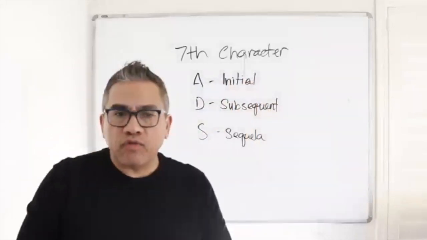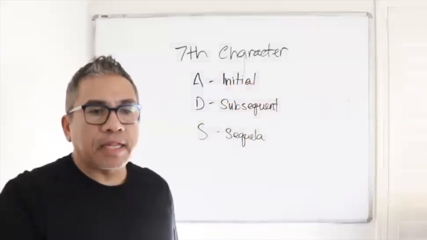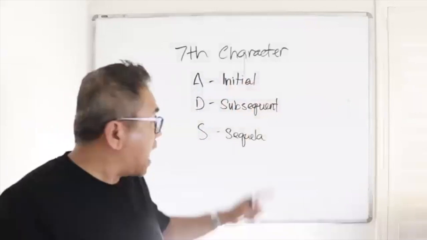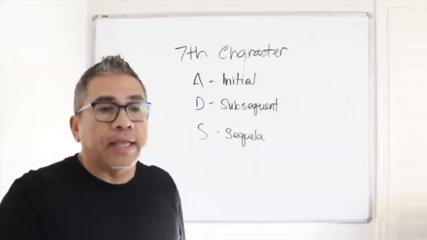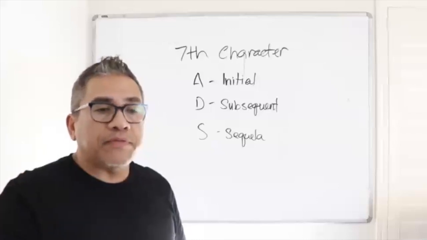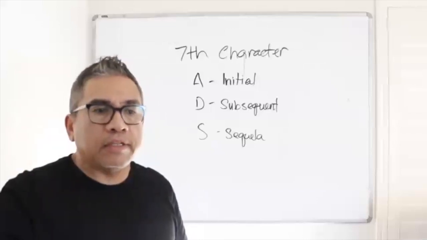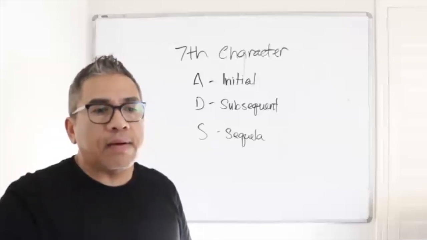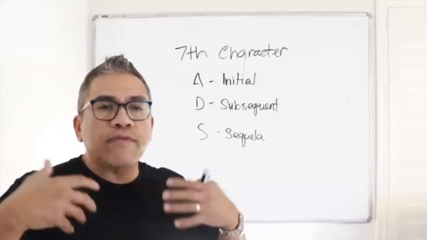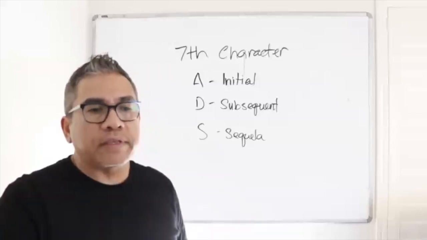I will show you in a little bit how the 7 characters are applied. Again, you might have heard this before, but we have not talked about this for months, and now I'm refreshing your memory, guys, on what these 7 characters are.